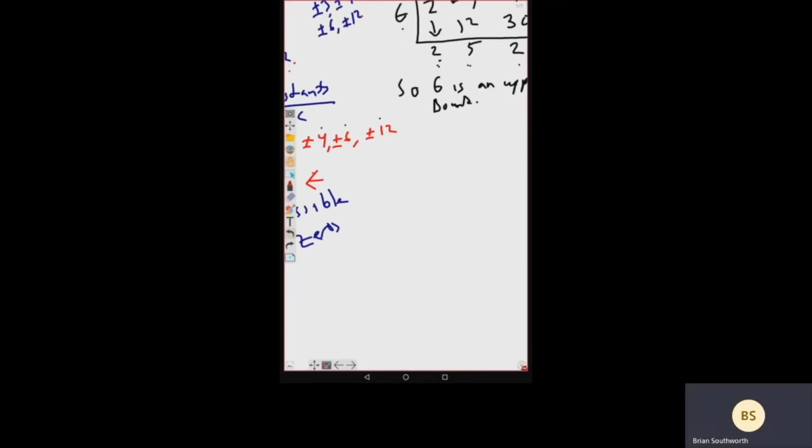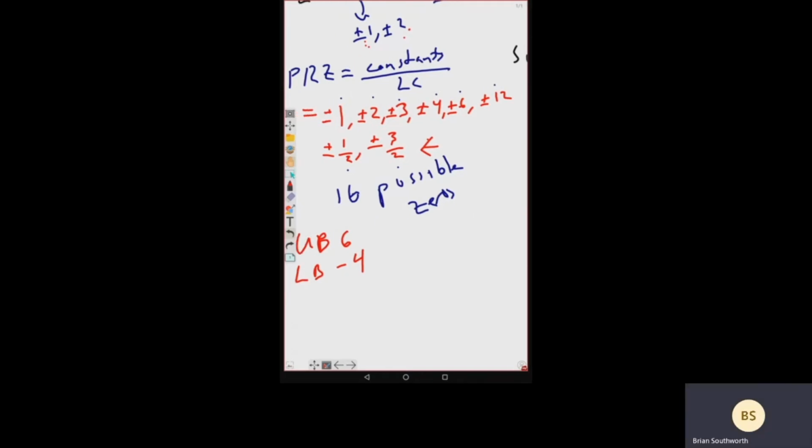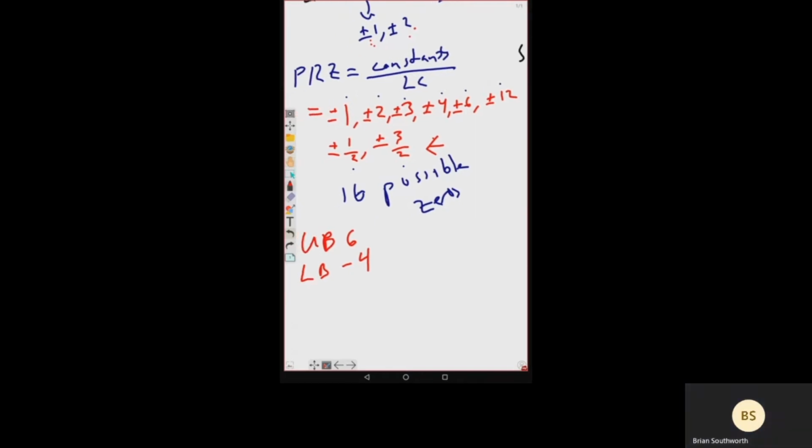The scale was somewhat different. So what does that mean? It means I can throw away some of these possibilities. So for my possible rational zeros now, anything bigger than 6 I can throw away, and anything smaller than minus 4.